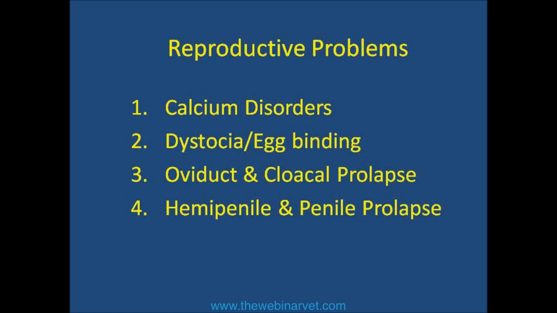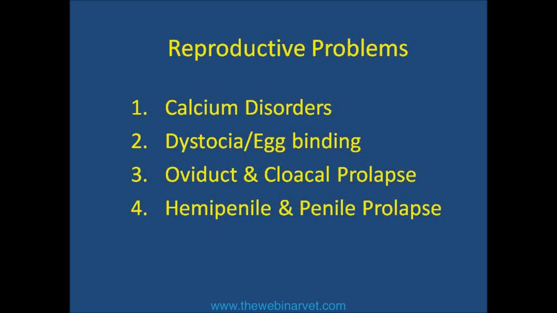So calcium is really intrinsically linked with the reproductive cycle in reptiles, and also intrinsically linked with husbandry and nutrition, which are two of the main factors that end up leaving a reptile in need of veterinary treatment. Most of the problems that I would see would be linked to husbandry or nutrition, and calcium often has something to do with that. So as I say, it is quite linked to the reproductive cycle and reproductive disorders as well. So we'll touch on that a little bit at the beginning, and then we'll get into the more specific conditions.